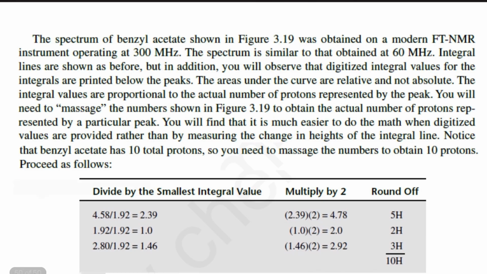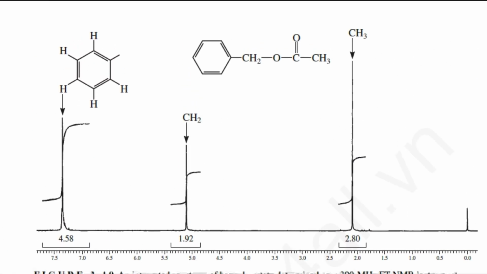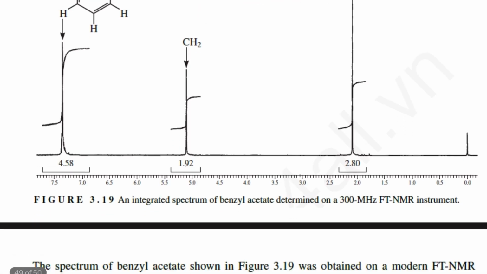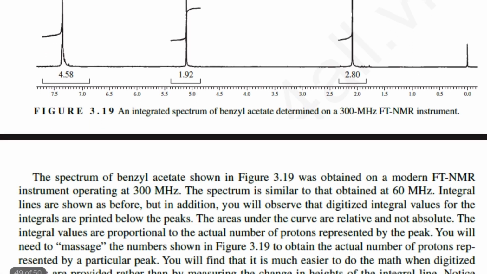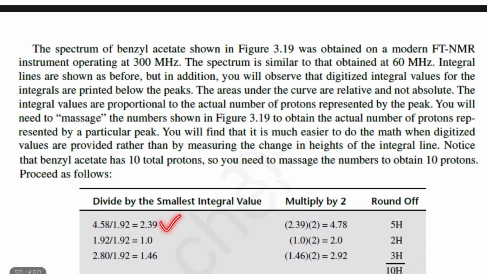These 10 protons, like 5 of the benzyl group, 2 of the methylene group, and 3 of the methyl group, have been completed. So in this way, with more advanced instrumentation, rather than calculating the number of divisions, we get a digitized value of each integral, and then we divide it by a common least factor to get the relative integral values, and then we multiply it by some common factor to get whole number values after rounding off the data.